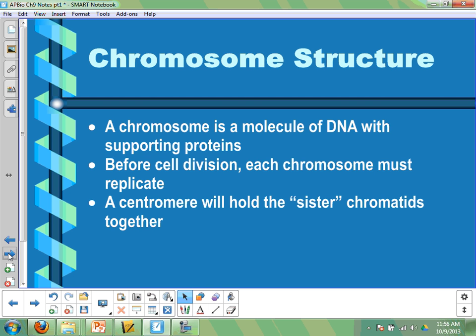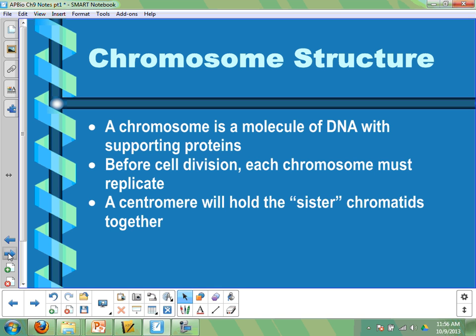Now, after a chromosome replicates itself and now has a copy, there's a structure called a centromere that holds those two copies together. Those copies are sometimes called sister copies, and they should be completely identical, barring any mutations. They would have all the exact same sequence of A's, T's, C's, and G's in the DNA.